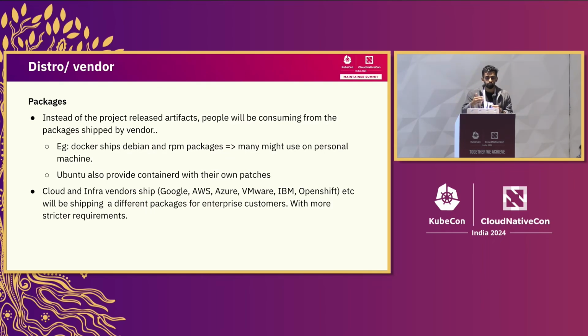And for that they follow a stricter pattern of shipping. One example is the toolchain. For example, containerd is built using Go, and the upstream containerd may be built with one version of Go, while in Google or AWS, sometimes a patch version of Go lang may be used. And again, this is for some regulatory requirements.